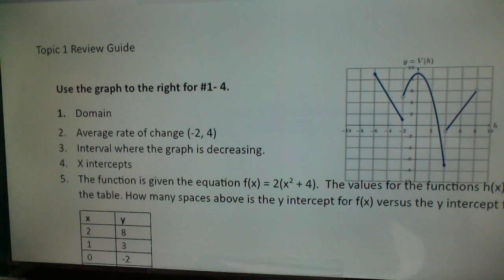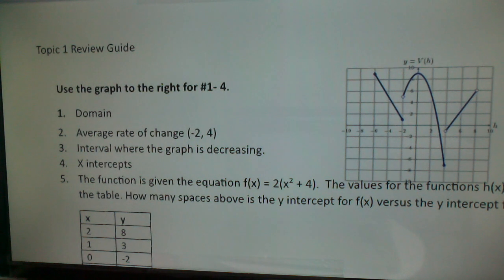Okay, so this time, number 3, interval where the graph is decreasing. So how do we know where it's increasing or decreasing? So you need to look at the graph and then think about where it is going down. So when we say it's going down, are we looking at the x values or y values?